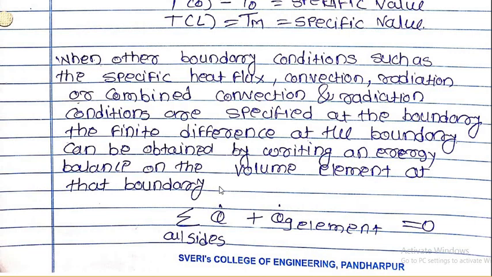That is, when there is a convection boundary condition, radiation boundary condition, or heat flux boundary condition, we have to write the energy balance equation for that boundary node, and that energy balance equation is in the format of the summation of all the sides' heat transfer rates plus the heat generation by the element is equal to 0.